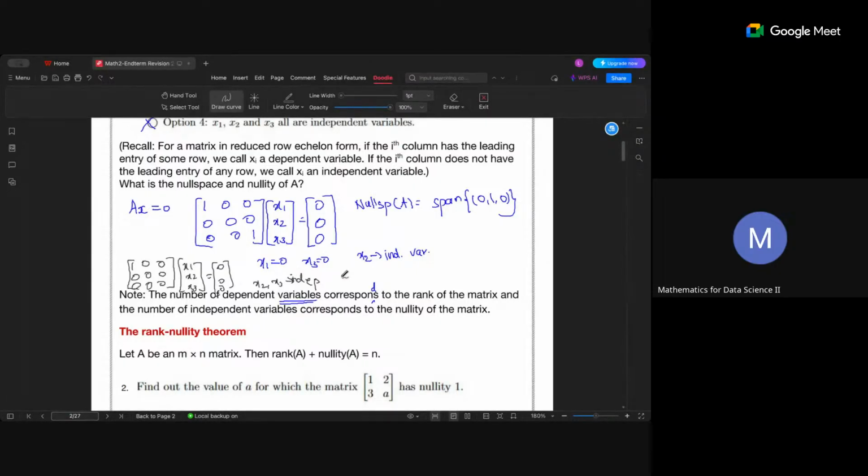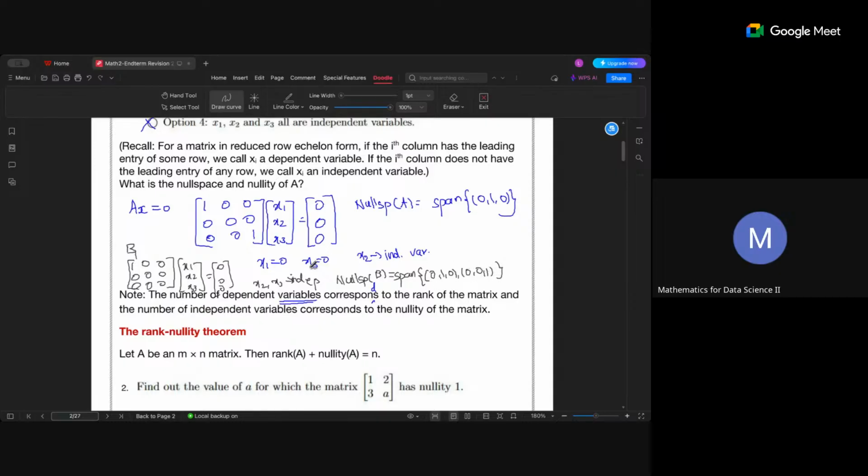Let's call this matrix B. The null space of B is equal to the span of two vectors now, because only x1 is 0. So you have 0 1 0 and 0 0 1. You have two vectors now.